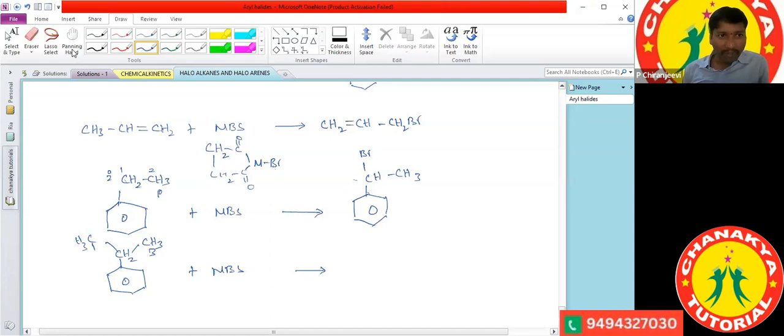It is not the CH2, it is the second carbon atom. Here we have three carbons. So which carbon undergoes the substitution reaction?